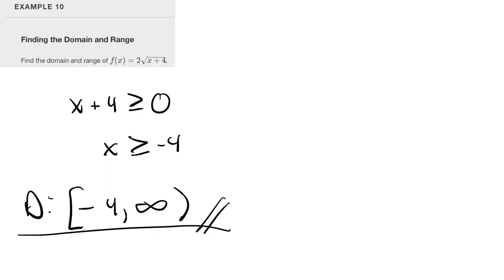So that range is going to go from 0 to infinity, and the 0 gets a square bracket because when x is -4, we actually include y equals 0. So the domain is -4 to infinity, and the range is 0 to infinity.